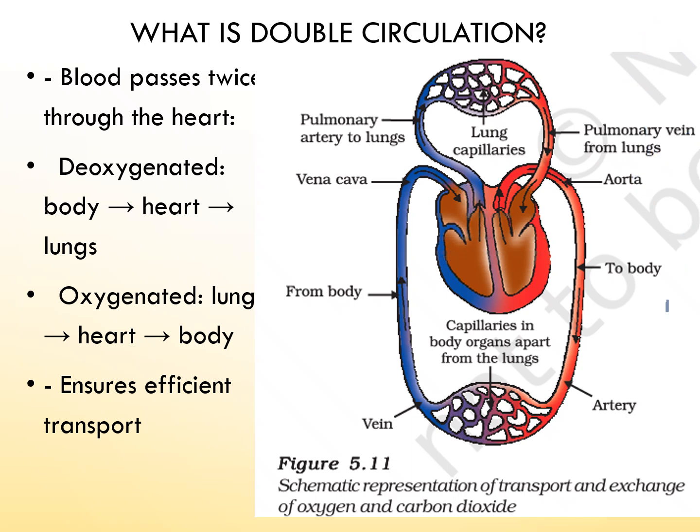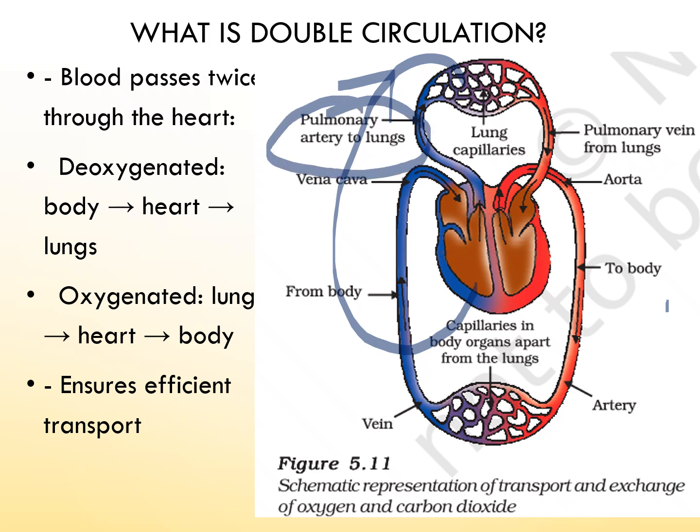From the right ventricle, the blood will now be taken to the lungs for oxygenation. Correct? And who will take this? Pulmonary artery. Pulmonary artery will take the blood into the lungs.